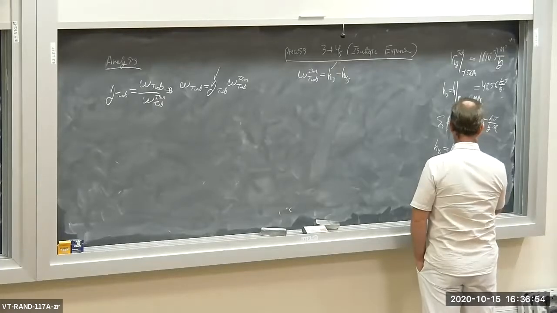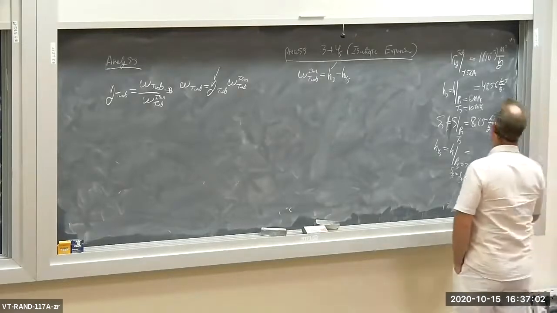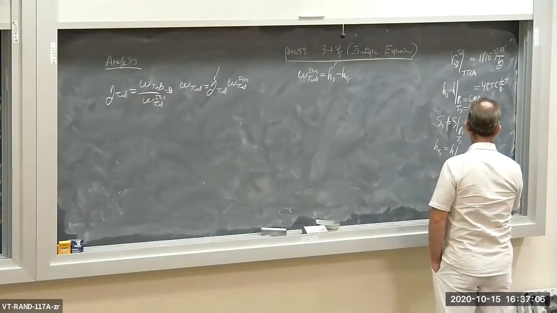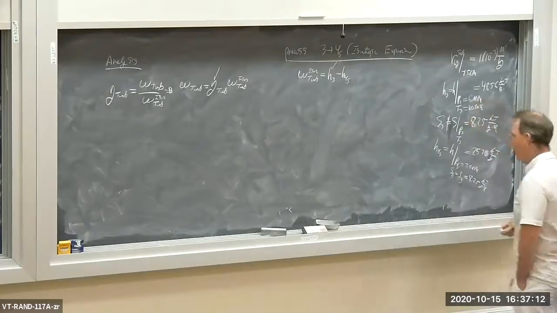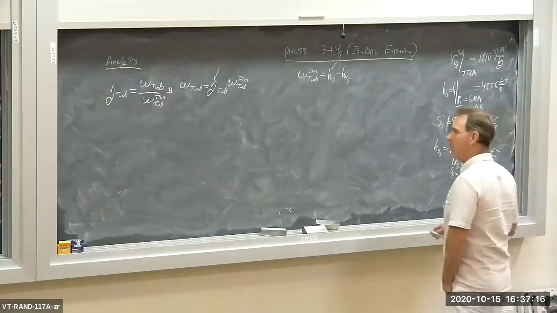So that specific enthalpy is 2574.8, or if you like, 2575 kilojoules per kilogram. State 4 turns out to be a saturated vapor.